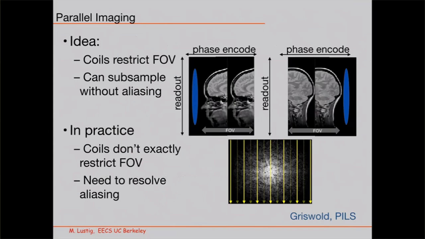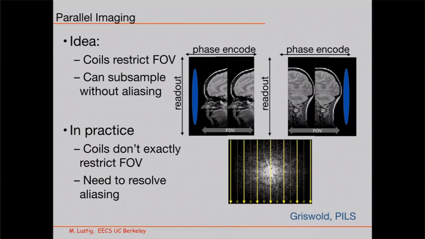Now, I think this is the key figure that tries to explain why having multiple coils actually works. Why can you speed things up? Here's the idea. Coils restrict the field of view.